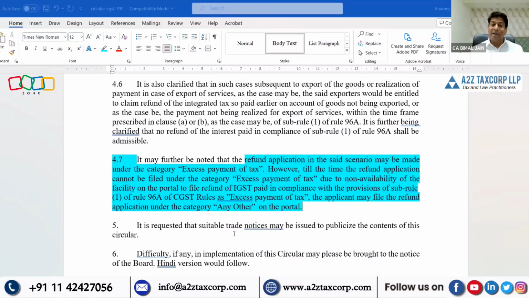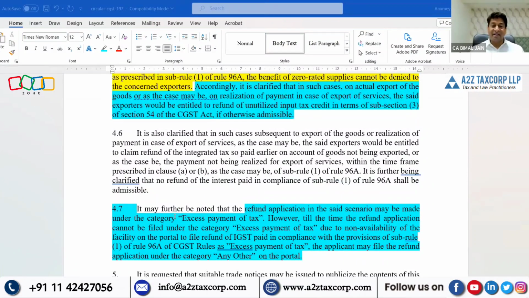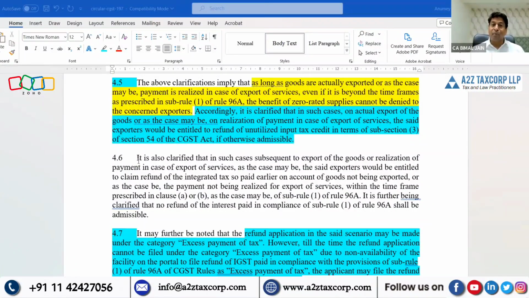It may further be noted that refund application in such scenario may be made under the category of excess payment of tax. Wherever you have paid IGST liability, and that is what is being clarified here. Look at here, para 4.6, so that you can read the context of para 4.7.